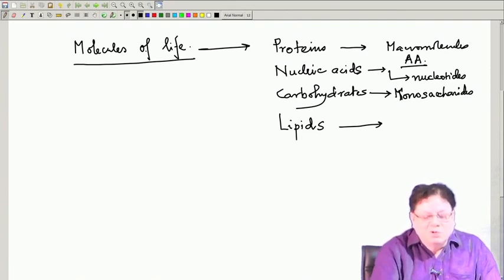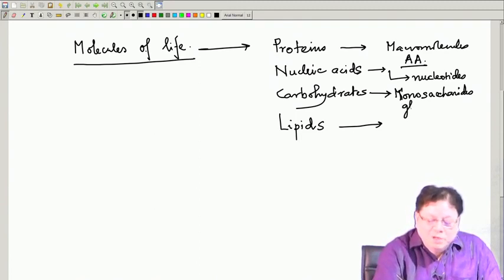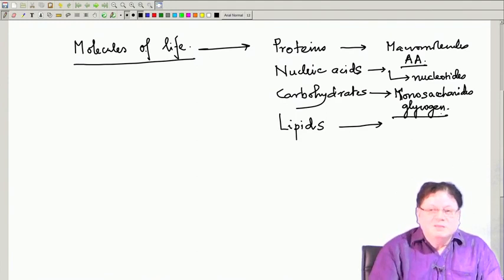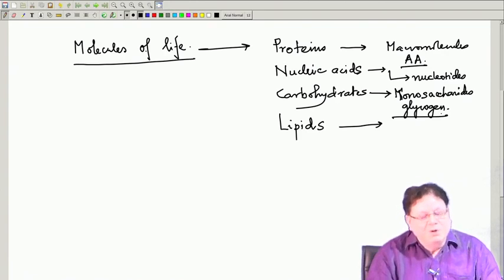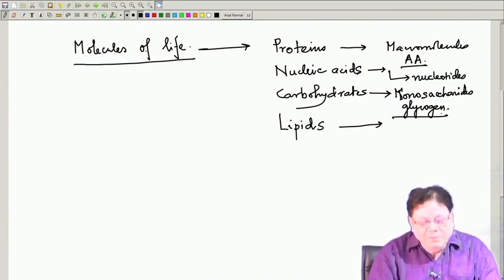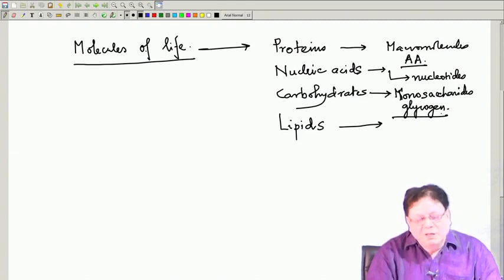This storage material is called glycogen in humans. Glycogen is nothing but a combination of glucose through various glycosidic linkages, only it is more branched than starch. When glucose is in short supply, we can break down this glycogen and get monosaccharides which can be burned later to generate energy.